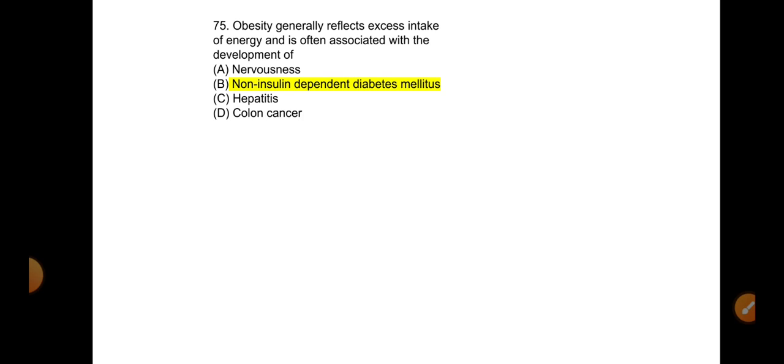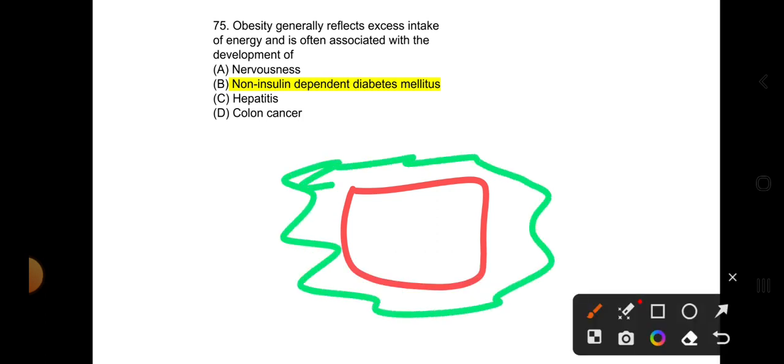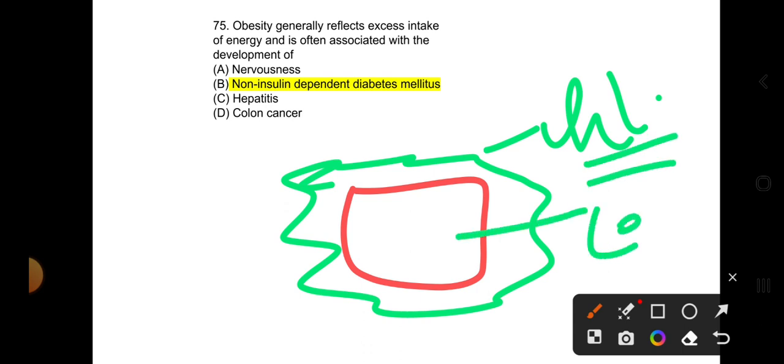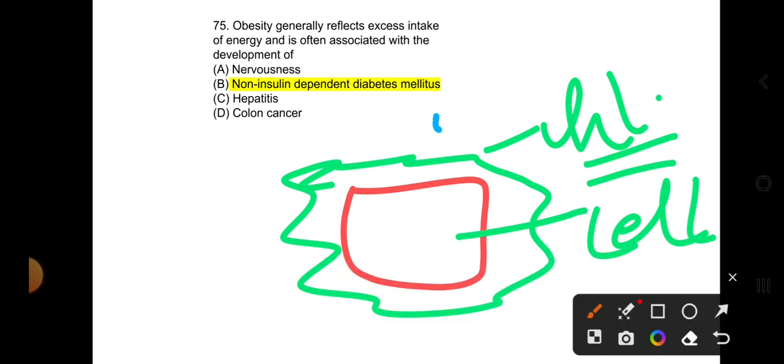Because there is a cholesterol deposition around your cells, your cell cannot sense the insulin molecule. See, let's say this is your cholesterol deposition and this is your cell, and the insulin molecule is coming jumping from somewhere, and there are IRS over here, but this cannot be sensed because there is a layer of cholesterol.